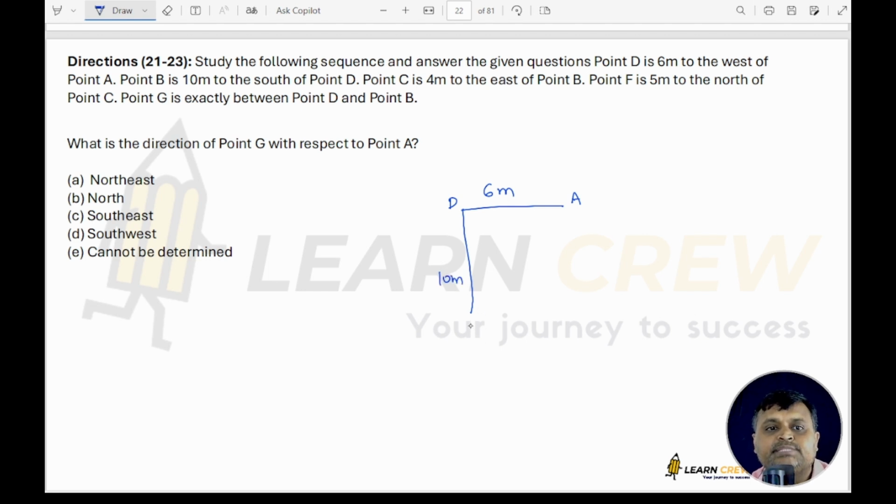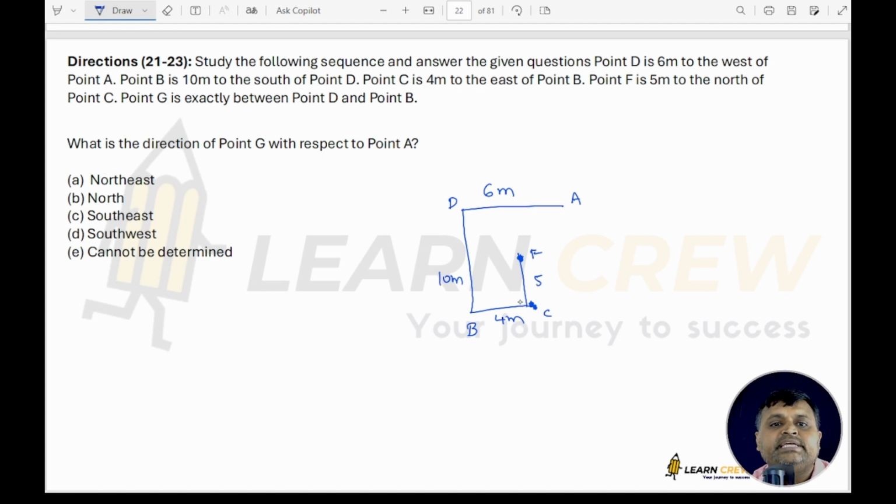Okay, and it is point B. Point C is 4 meter to the east of point B. Point F is 5 meter to the north of point C. This is point F. This is 5.